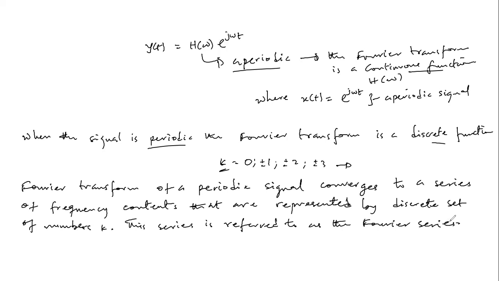So in other words, when we take the Fourier transform of an aperiodic signal, then we have a continuous function, and then we say that is Fourier transform.